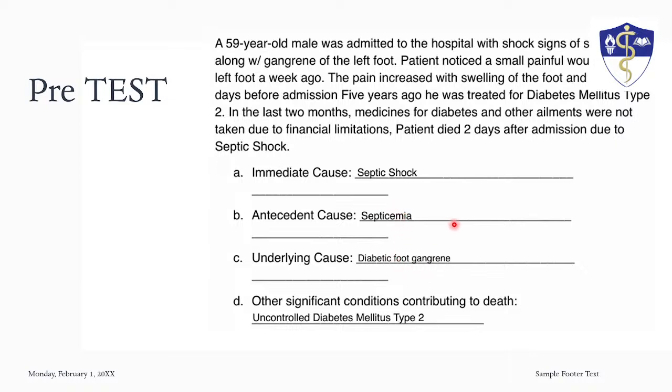Okay, diabetic foot, left, on his left foot. Or gangrenous foot, left. Okay, underlying cause diabetes mellitus. The diabetes mellitus is a significant contributor to the death and is the actual underlying cause. So this one should go here.